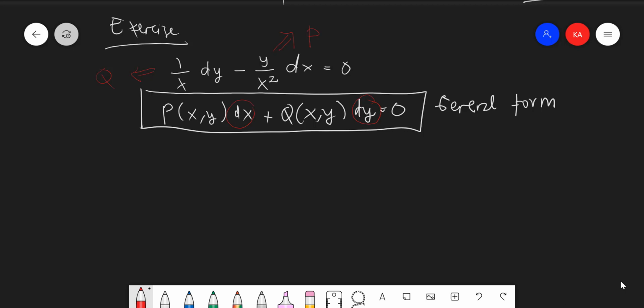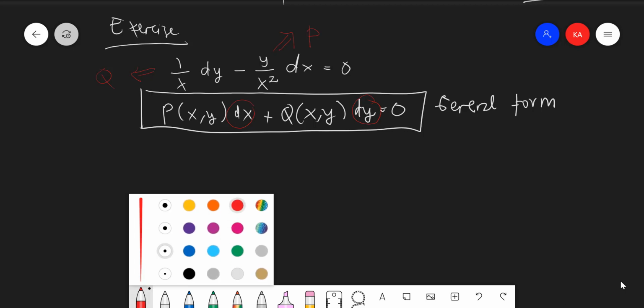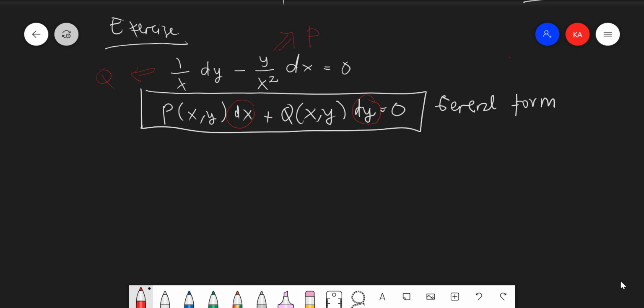Dx refers to P. So we can write like this: P(x, y) is equivalent to minus y over x squared, and then Q(x, y) is this one, 1 over x.